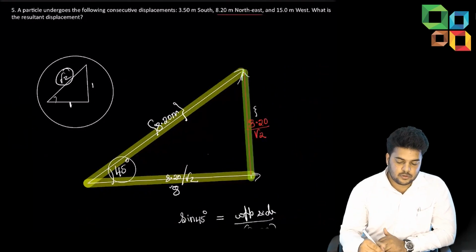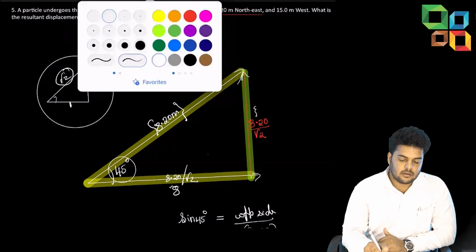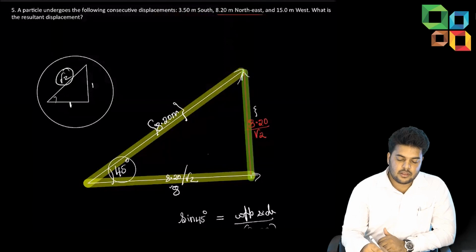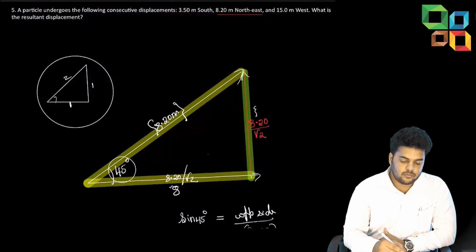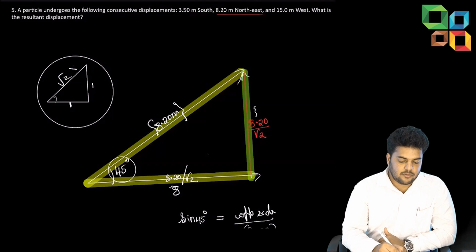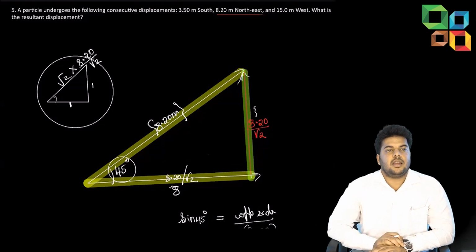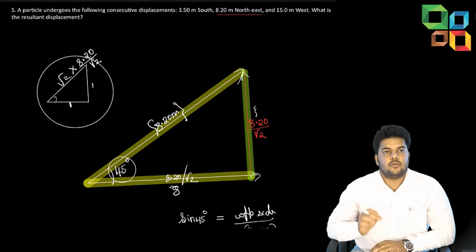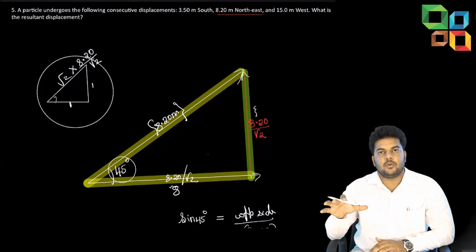I'm starting with root 2. I need to end up with 8.20, isn't it? So the factor I need to zoom by is 8.20 divided by root 2. That root 2 and root 2 get cancelled, you get 8.2 there. So if you want to go from root 2 to 8.20, you have to zoom out by a factor of 8.20 divided by root 2.